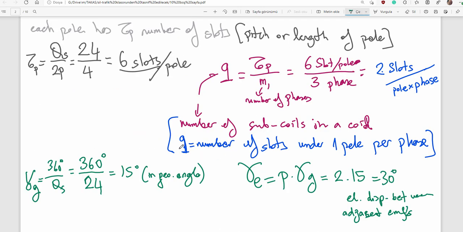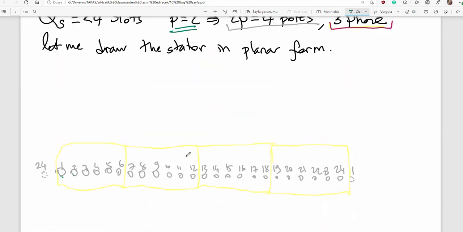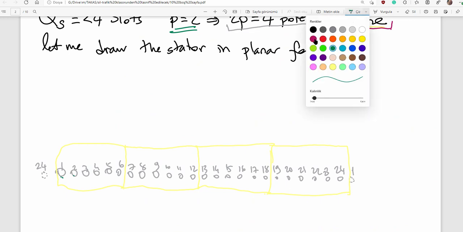I clean this and then I make a proper arrangement. In some books it is also called the number of colors. What does it mean? It means choose 3 different colors. For example, I choose the red one.